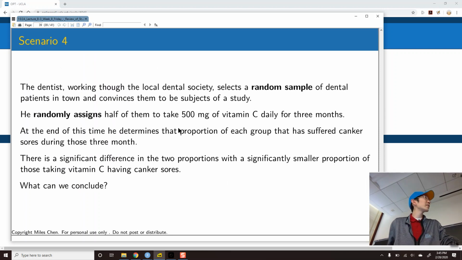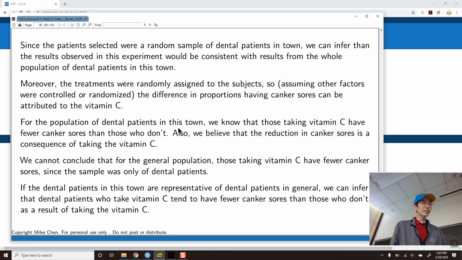Okay, and then scenario 4 is we got a random sample and we did random assignment. So this is both a random sample and an experiment. With this, we can generalize to the population, and we can make a cause and effect conclusion, because it's been an experiment.